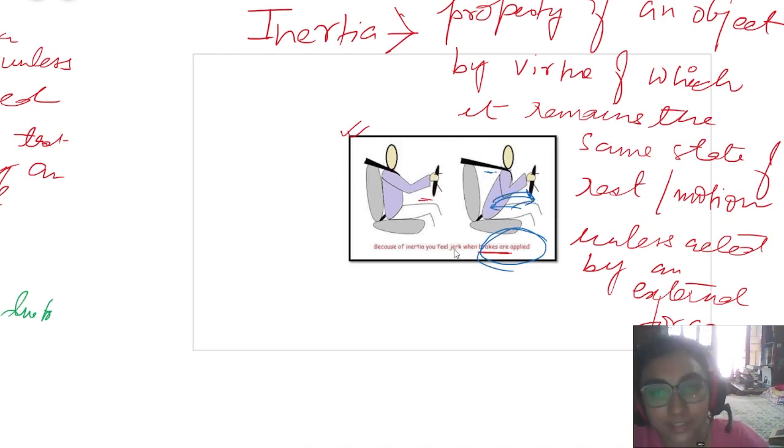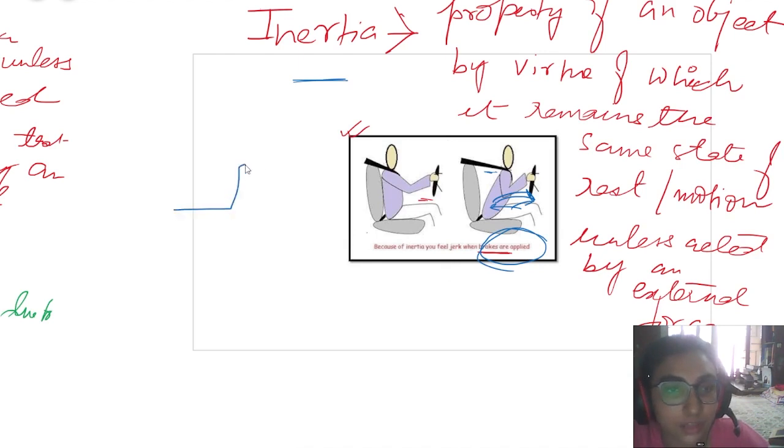Now why does this happen? As I told you, inertia is the property of an object, so it obviously applies to humans as well, everything in this world. So due to the man's inertia, and also because when you are sitting, you are moving along with the car, right?